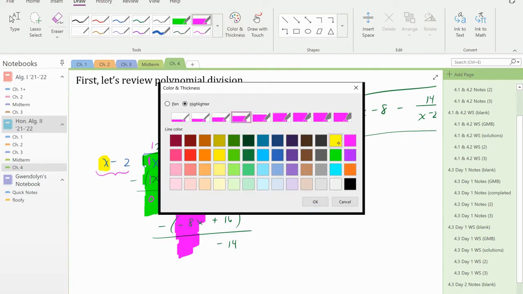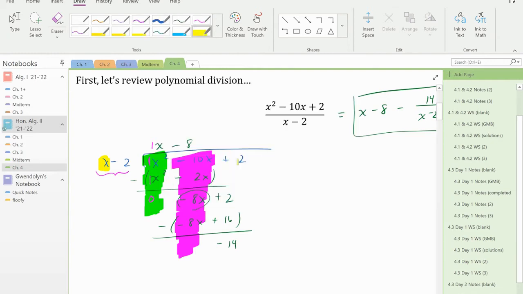And then everything in this column has to do with just constants. So really, I only had to pay attention to the number part, okay?